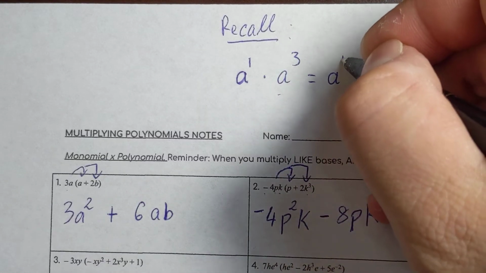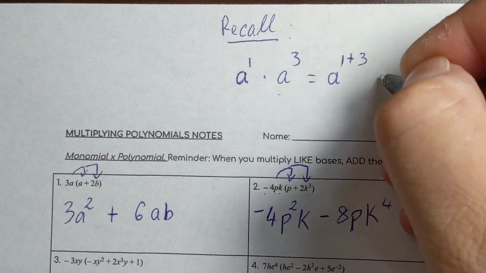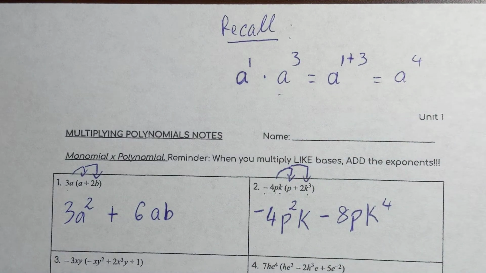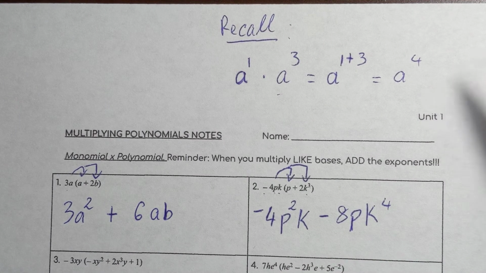Their powers, however, have to be added. That's why you end up with a to the 4. This is past knowledge. If you have a question or you want me to explain better next time, please remind me.